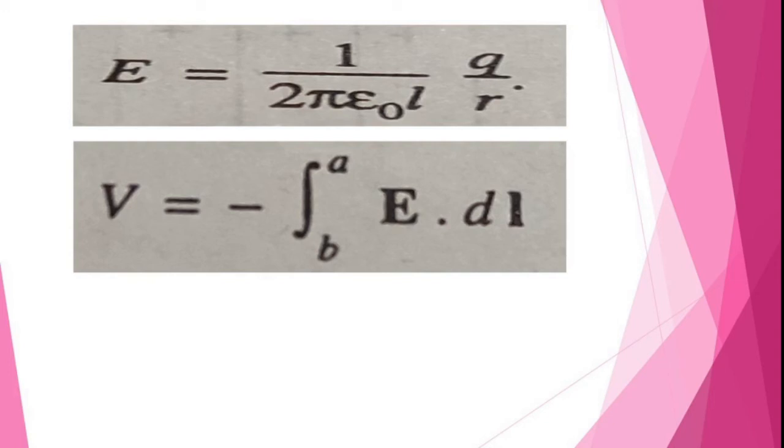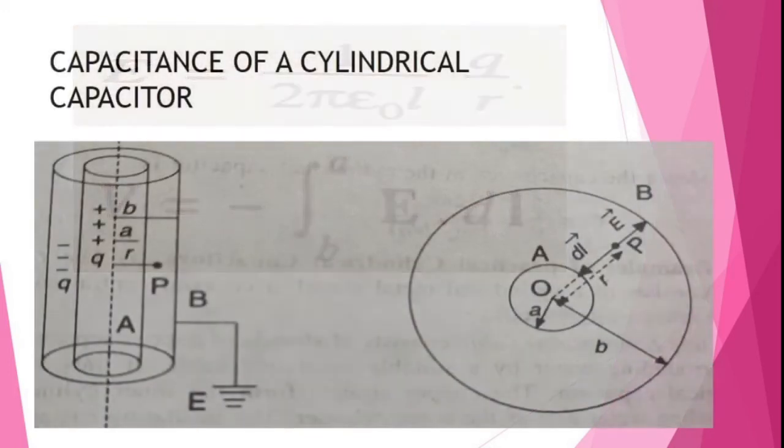Now what is the expression for potential V is equal to minus integral B to A E dot dl. Again we can see that dl is the displacement vector which is along a path from B to A.